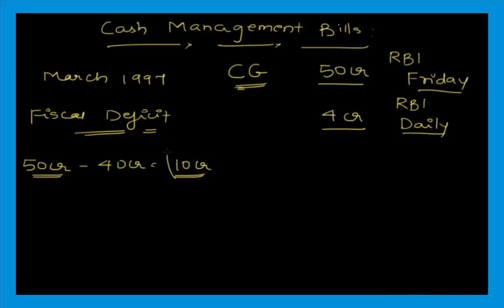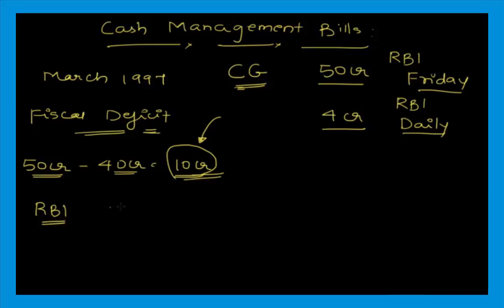Now, how would the country make sure that the fiscal deficit account had 50 crore rupees when there was only 40 crore rupees put by the central government? This would be done by infusing 10 crore rupees from somewhere. Now, who would give this 10 crore rupees? What happened is RBI used to self fund this remaining balance of 10 crore rupees. So, what would RBI do?